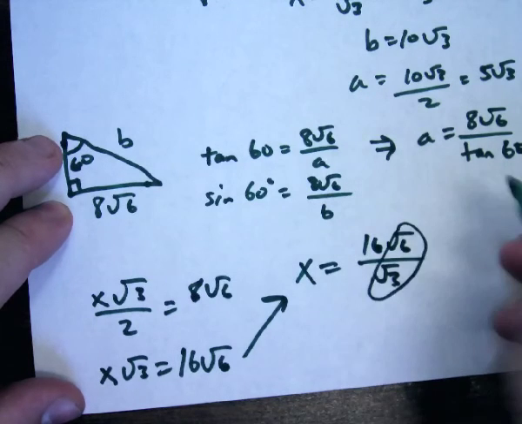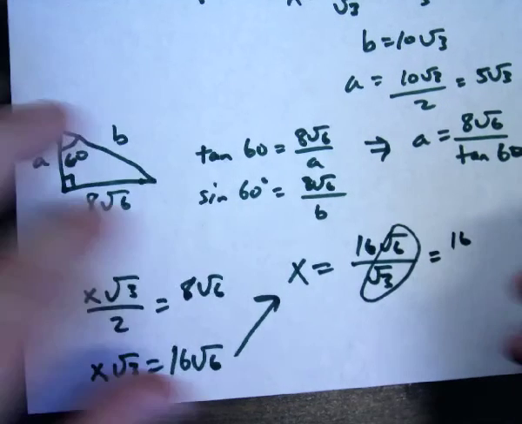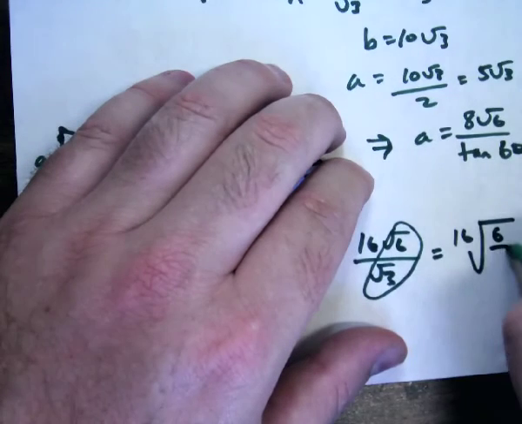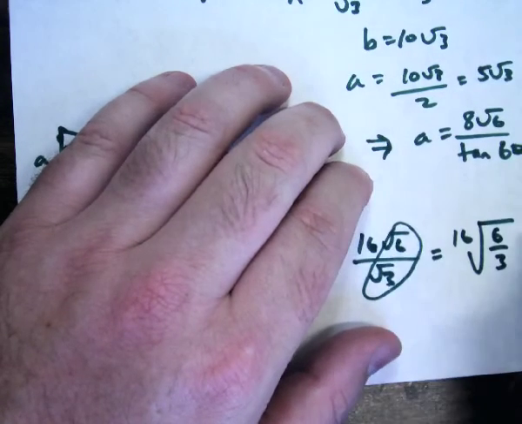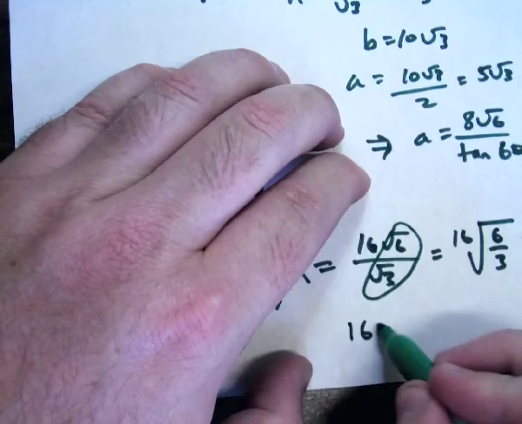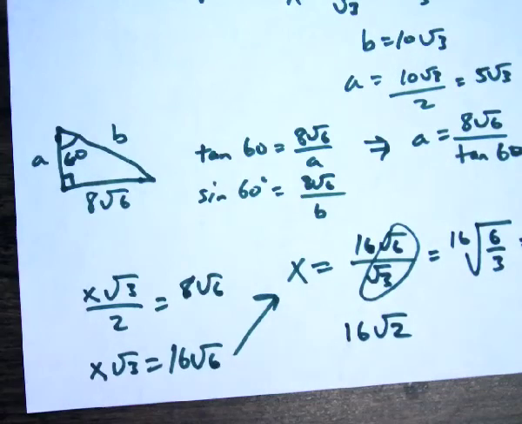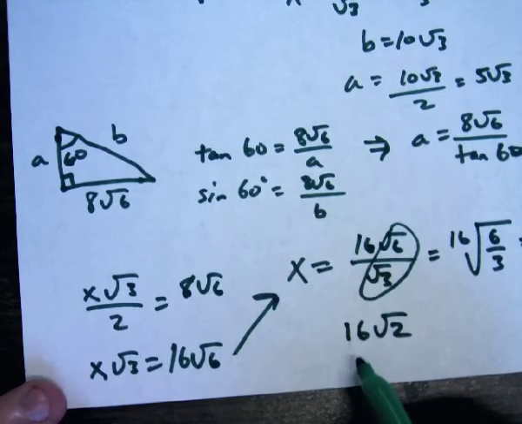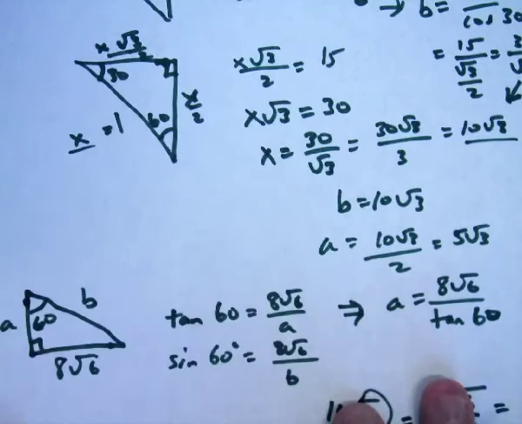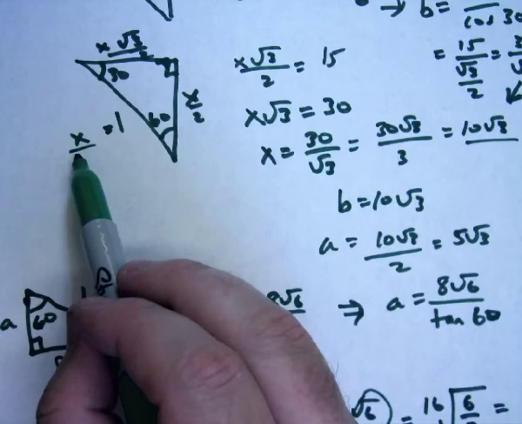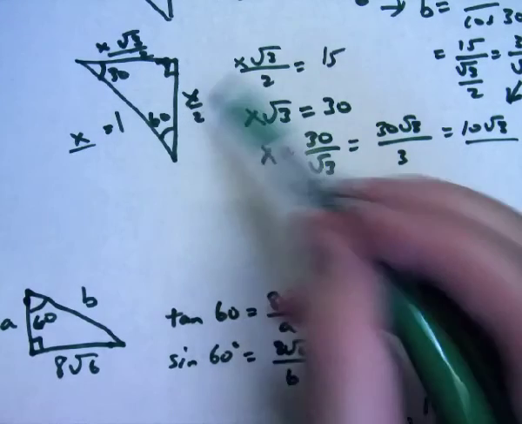This is actually the same thing as 16 root 6 over 3, which equals 16 root 2, because 6 divided by 3 is 2. So x is 16 root 2, so from there you could figure out what the hypotenuse must be and what this side across from 30 must be.